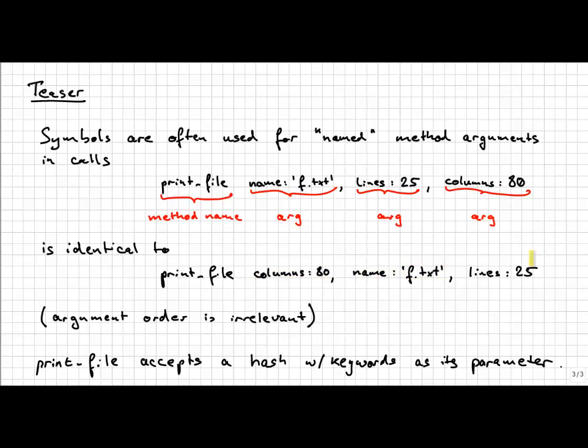And the way this is accomplished is that the method printFile accepts a hash with keywords as its parameter. So basically this entire list of parameters is handed to printFile as a single hash with the keywords as the keys into the hash, and the actual arguments we want to convey as values associated with the keywords.